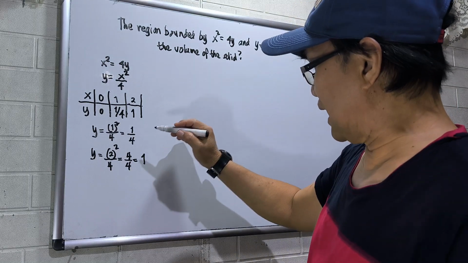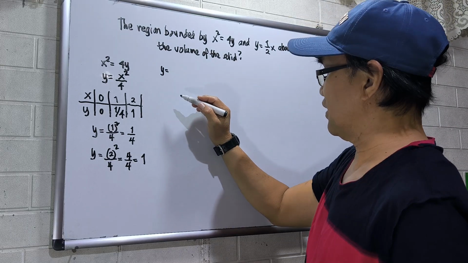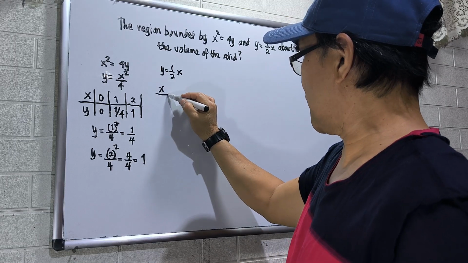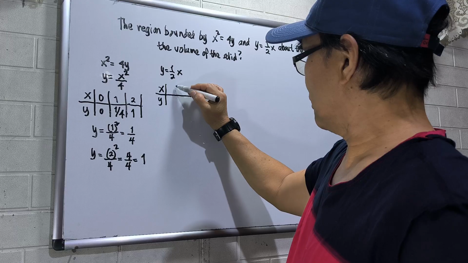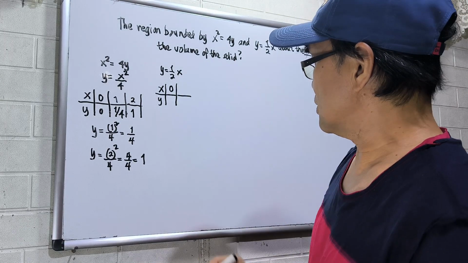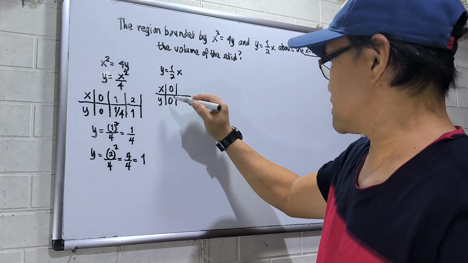So how about the other equation? This will be y equals 1 half x. So this will be x and y. Okay, when x equals 0, this will be 0.